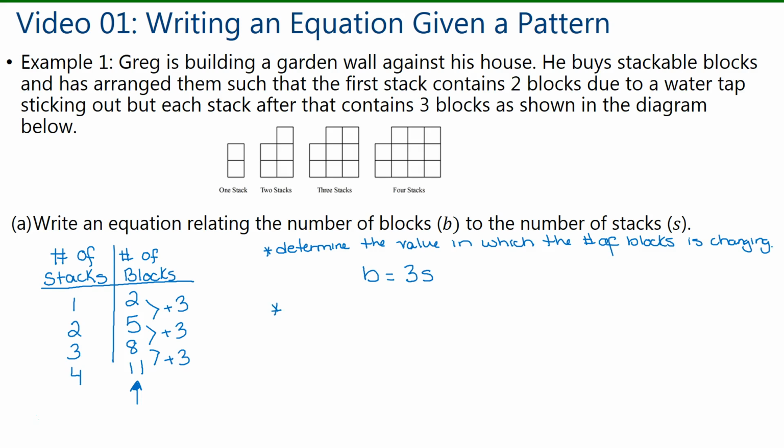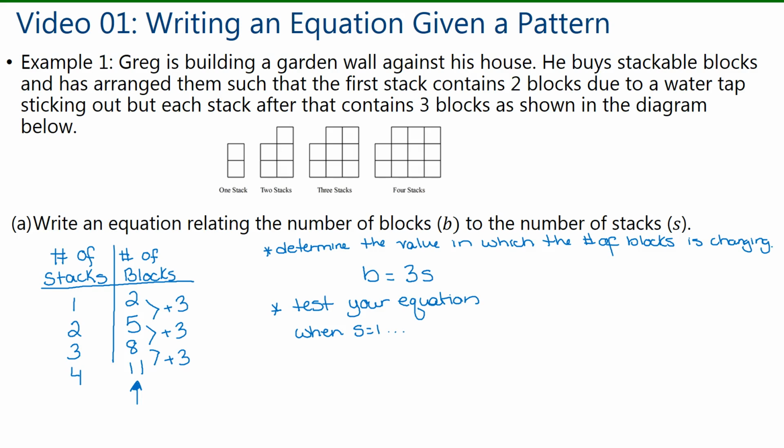I'm now going to test this equation to see if I'm correct or if I need to adjust the equation a little bit. So next step is to test your equation. And the way we test our equation is by plugging in a value from the table. So when S is 1, for example, I should get 2 blocks.